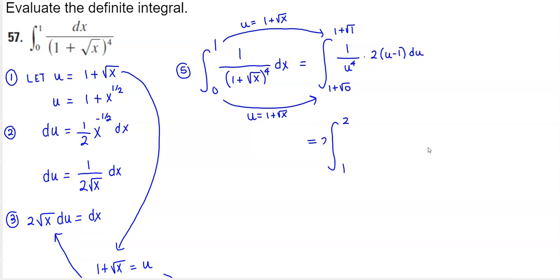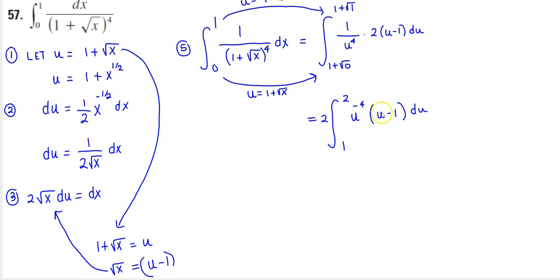And then we can factor out the 2. What we have here is 1 over u to the 4th, which is the same thing as u to the negative 4th, times u minus 1 du. Now let's distribute the u to the negative 4 to those two terms.